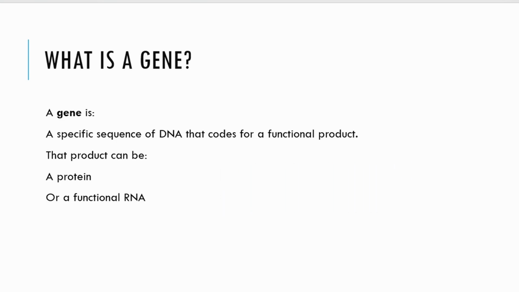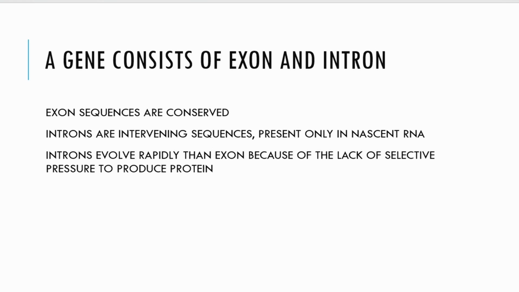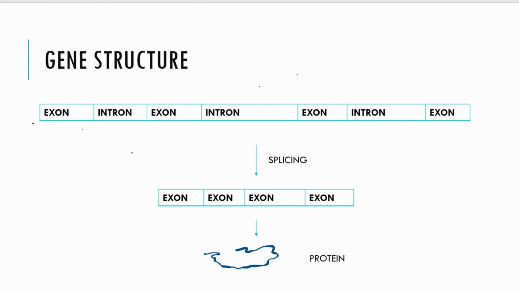Now, a gene mainly consists of two things, exons and introns. Exon sequences are obviously conserved. By definition, a gene starts and ends with an exon, and introns, as you can see here, are the intervening sequences present in between the exons.